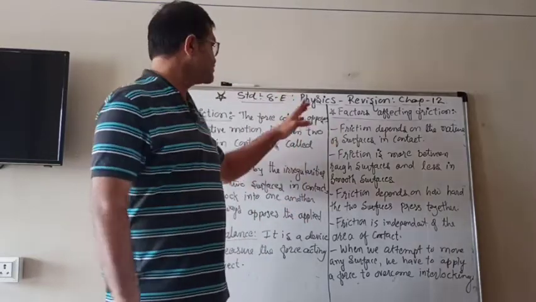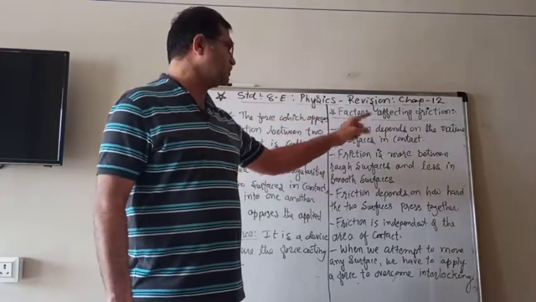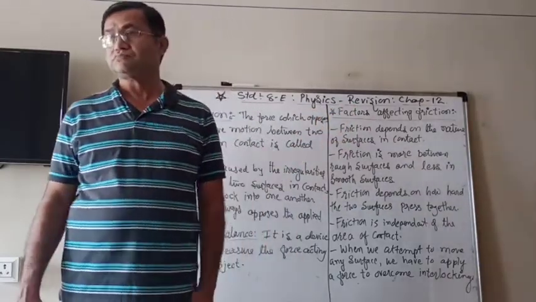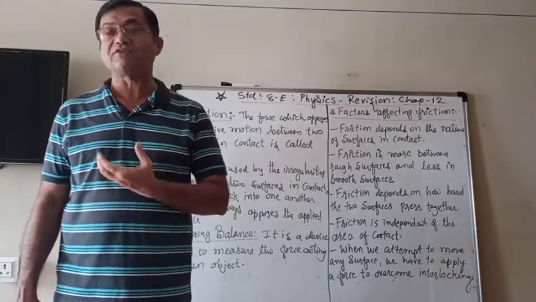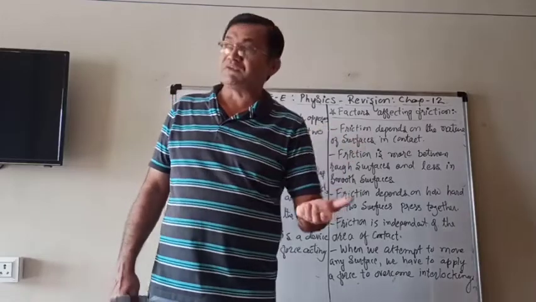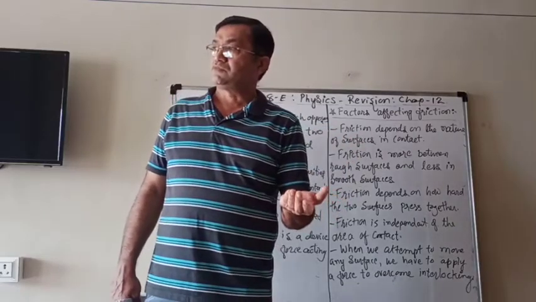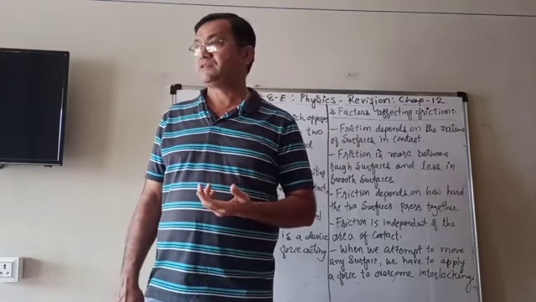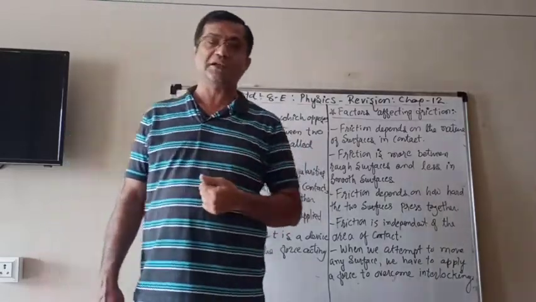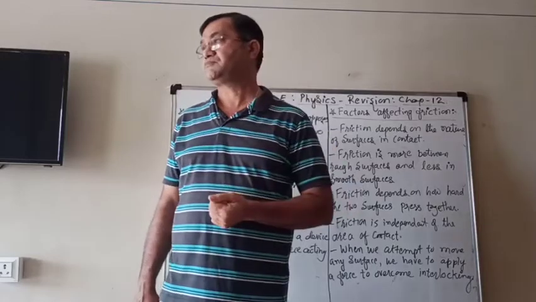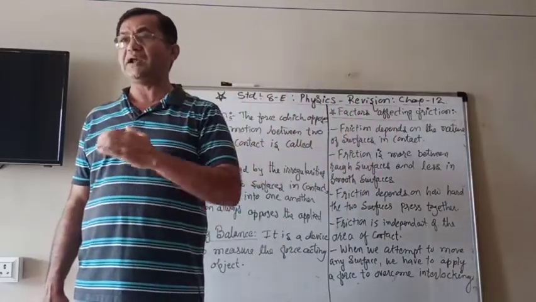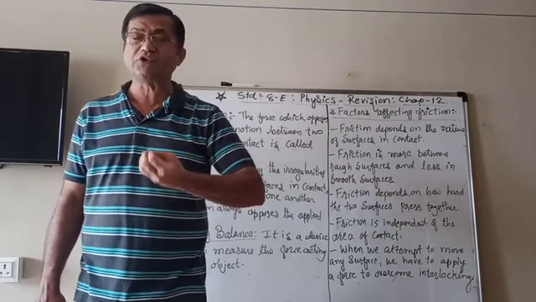First of all, friction depends on the nature of the surfaces in contact, meaning which type of surfaces are there. Some surfaces can give more friction, depending on the material, whether it is made of hard material or soft material, etc. So not all objects give the same force of friction.